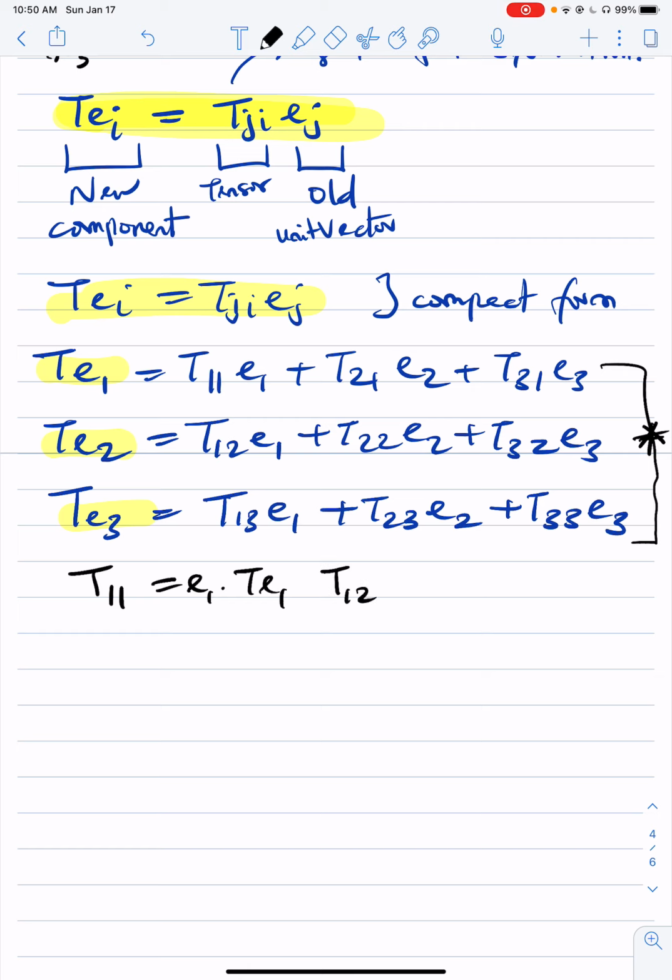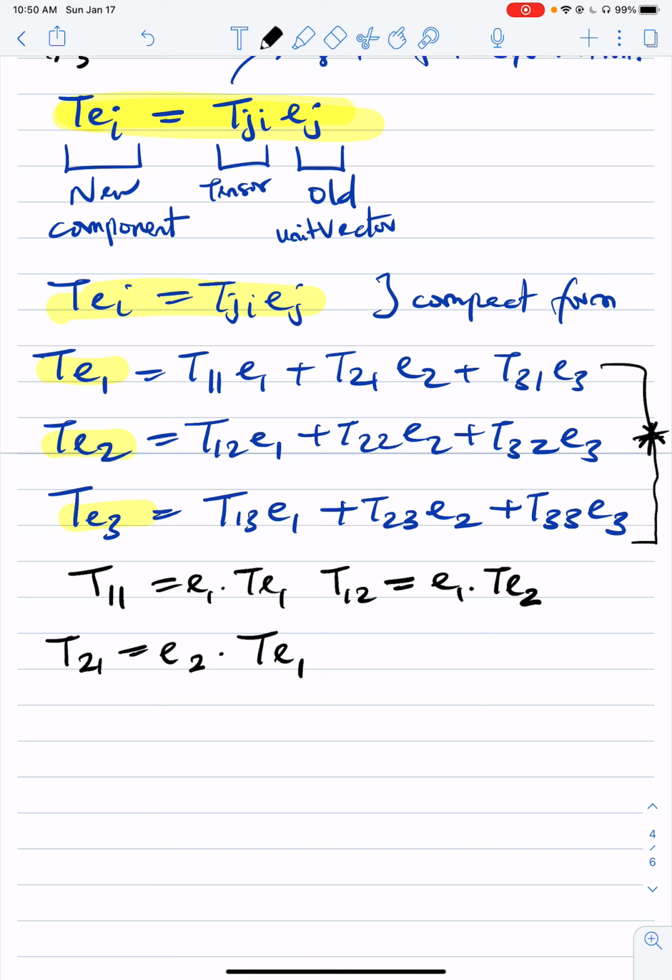T12, look at this, is an obvious expression you can get from there: T12 equals E1 dot TE2. Obviously, if you look at T21 again, you can simply pick out E2 dot TE1.